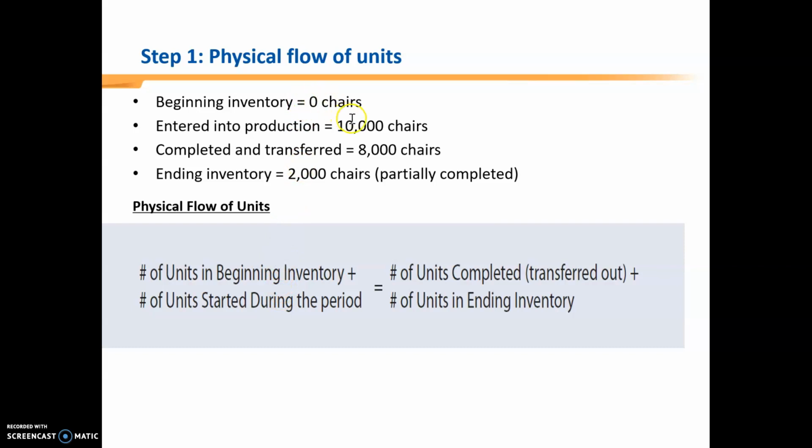So the 0 plus the 10,000 equals 10,000. And then that needs to equal the number of units that completed and moved on to the next department, 8,000, plus the ending inventory units of 2,000. So we can see there's 10,000 units to account for, and then there's 10,000 units accounted for.